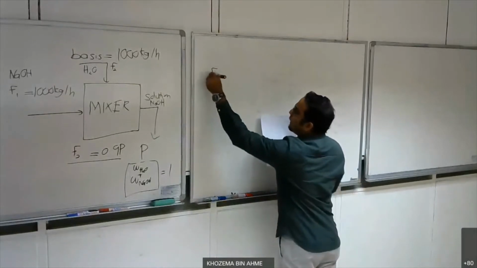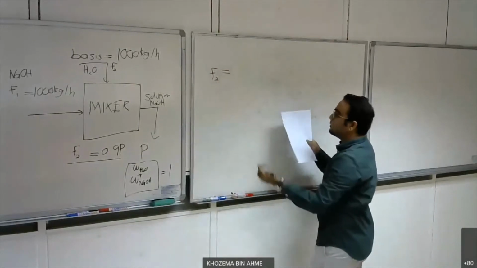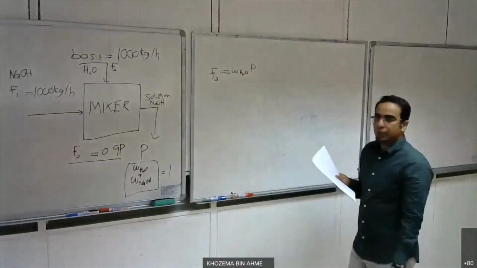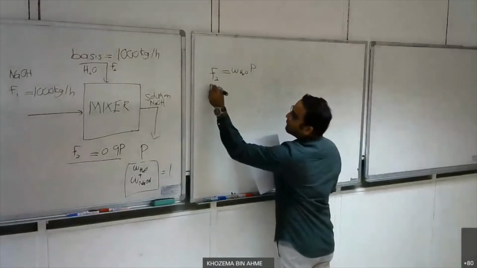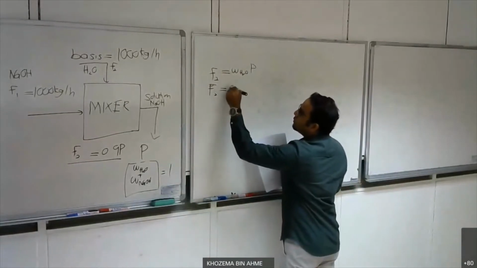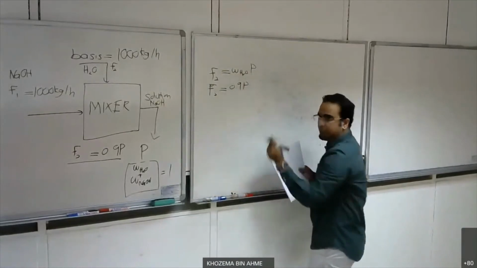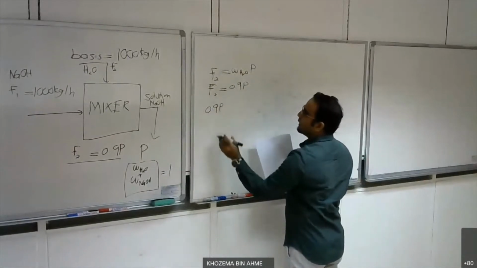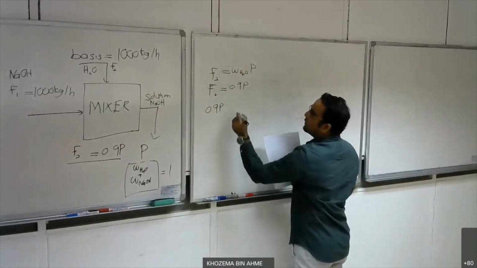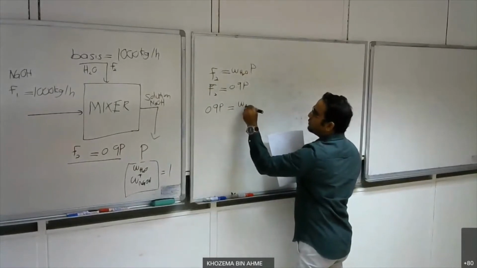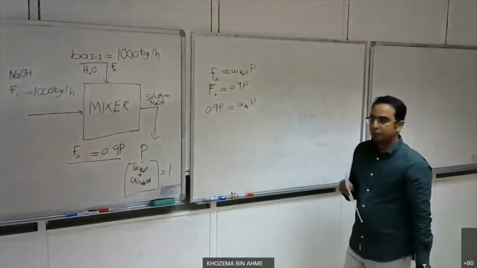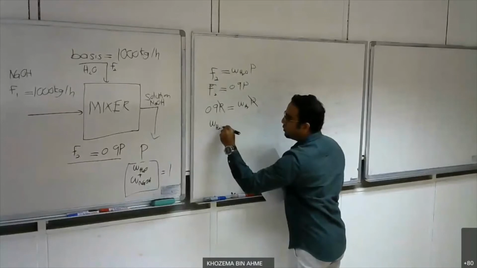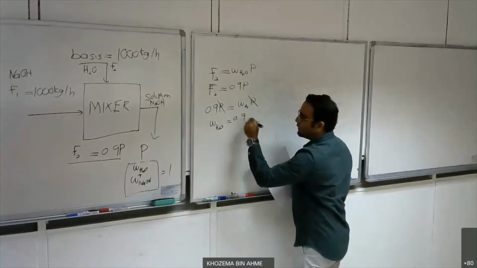I write F2 is equal to W H2O times P. And I also know that F2 is equal to 0.9 P. So if I substitute 0.9 P instead of F2, I get 0.9 P is equal to W H2O times P. If I cancel out P and P, W H2O is equal to 0.9.